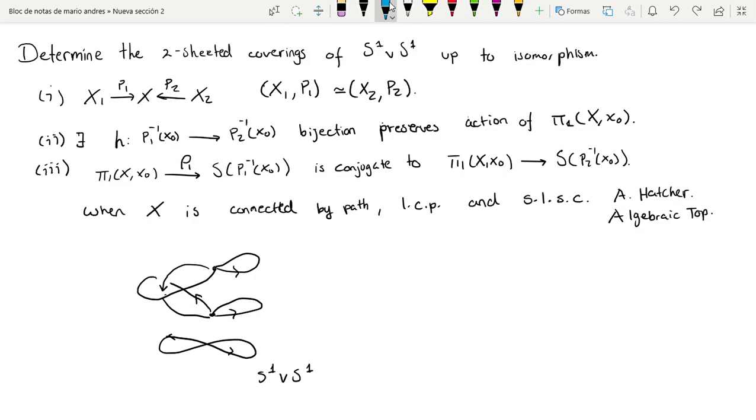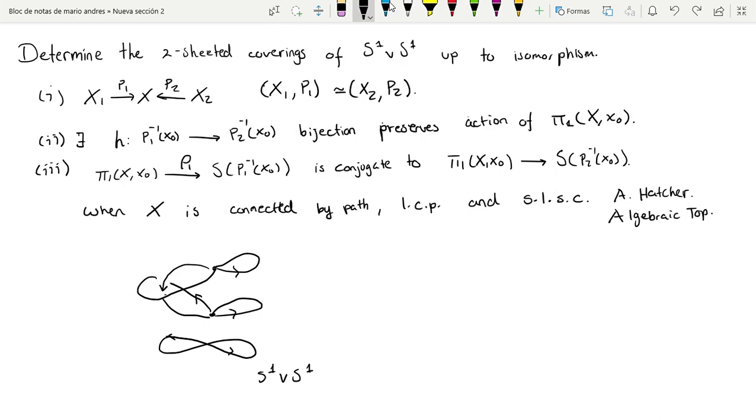So let's see how that class acts on the fibers. We are going to use this algorithm for determining what the action of some element of the fundamental group does in a fiber, right?